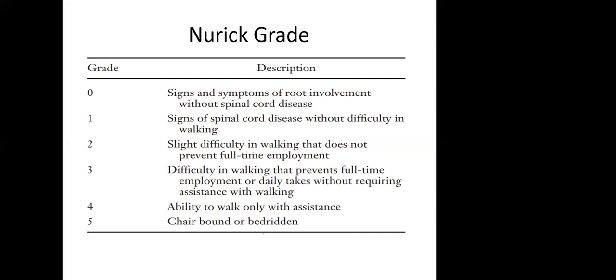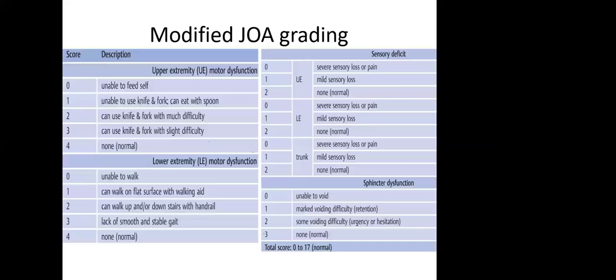So it does not really assess the full impact of this disease as relating to the upper limb and also sensory function. So because of this, many researchers have done away with this, and most people now use the modified Japanese Orthopedic Association grading. This is more detailed because it tries to assess all the various functions of the spinal cord and also the various regions.